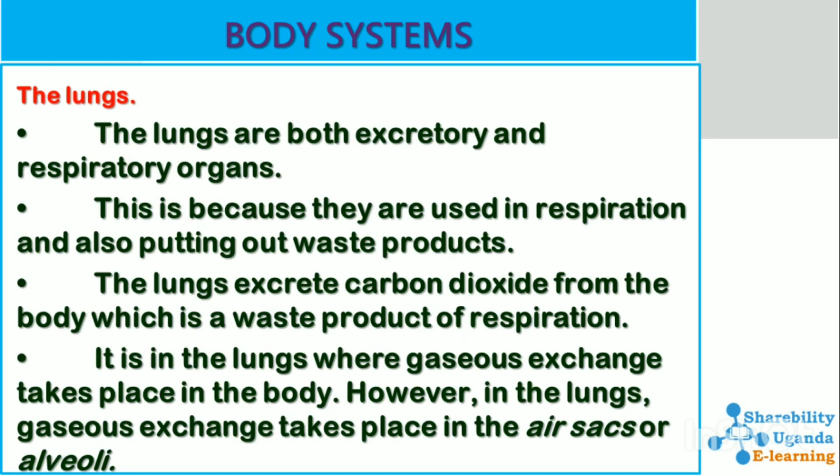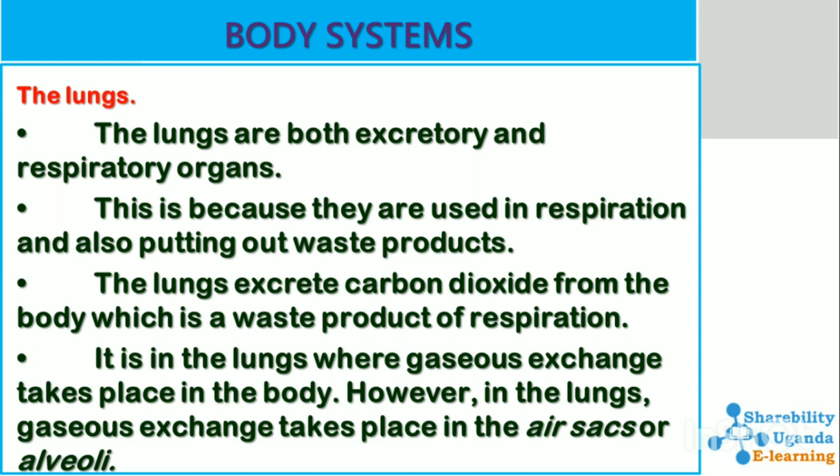The lungs are both excretory and respiratory organs. Remember, there's a video about excretory organs or excretory systems. This is because the lungs are used in respiration and also in putting out waste products.